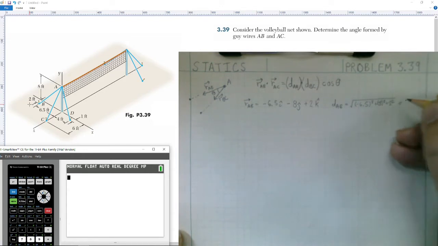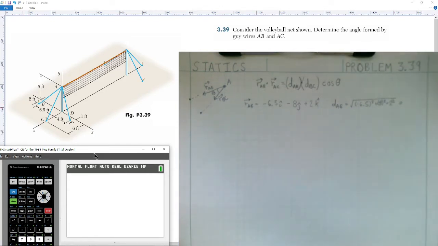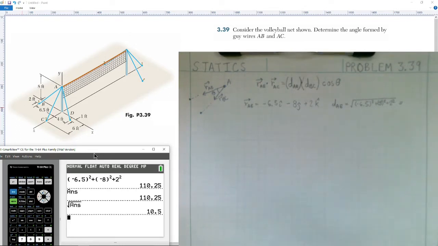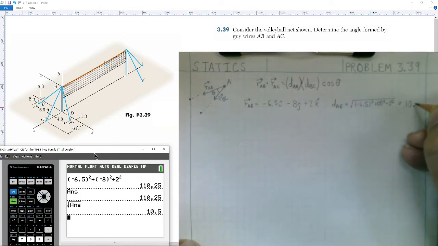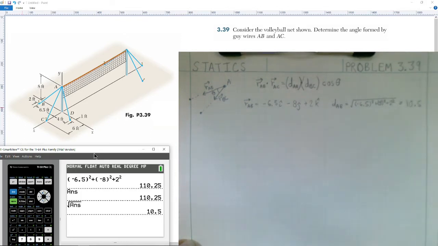We plug that into our calculator real quickly. Take the square root of that number. Here we go. And we get a distance of 10.5 feet. Good to know.